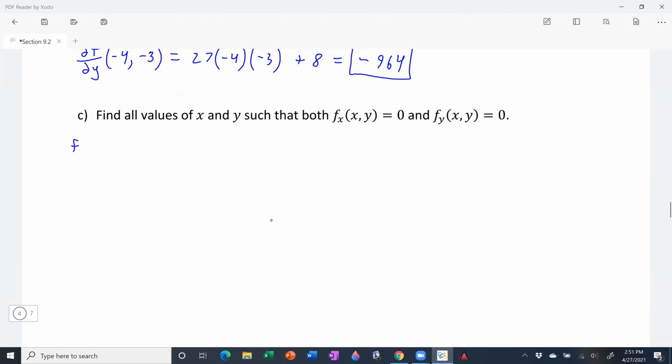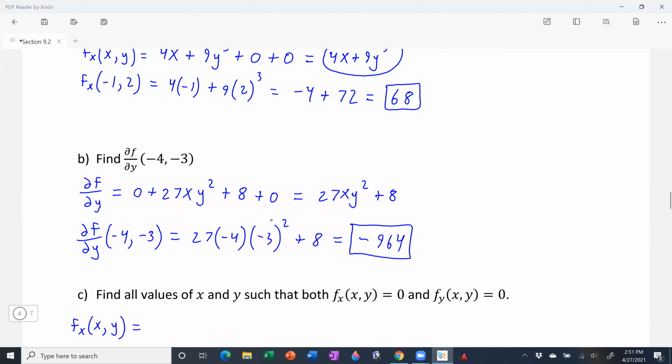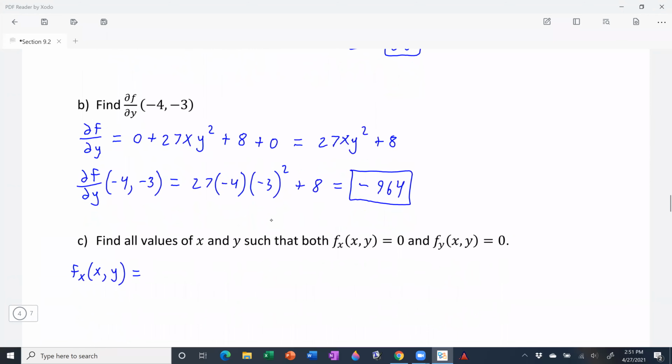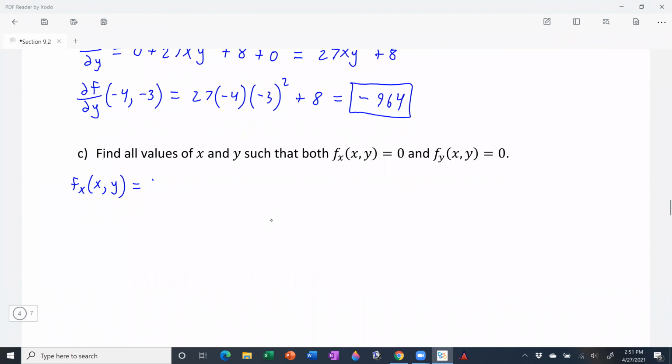So let's go ahead and write down the fx of x comma y. It's not too bad to do that over again, but we already have that one done from part A. That's 4x plus 9y cubed.